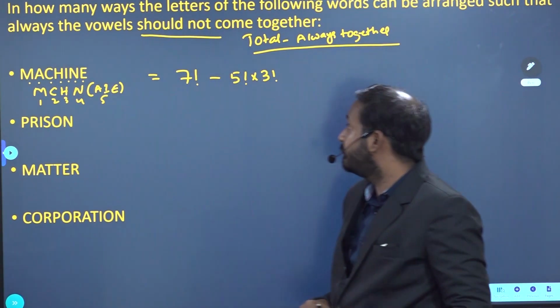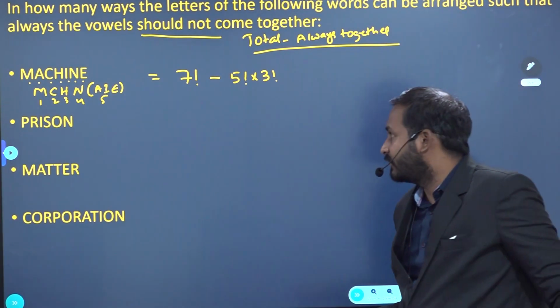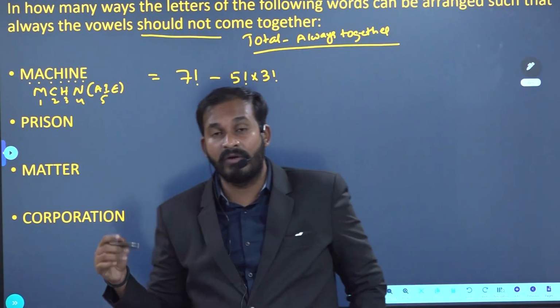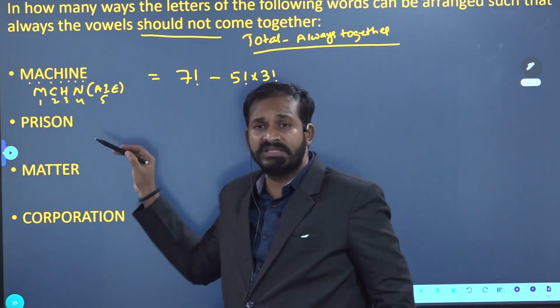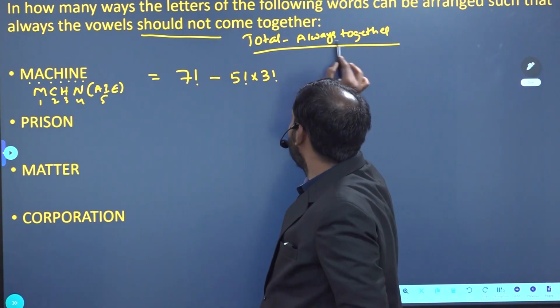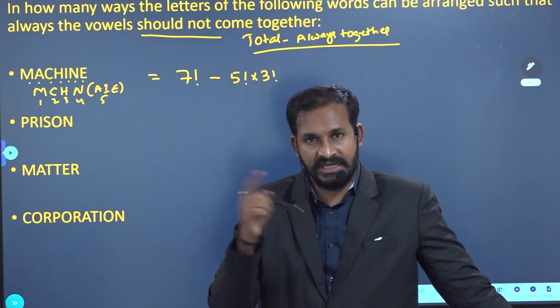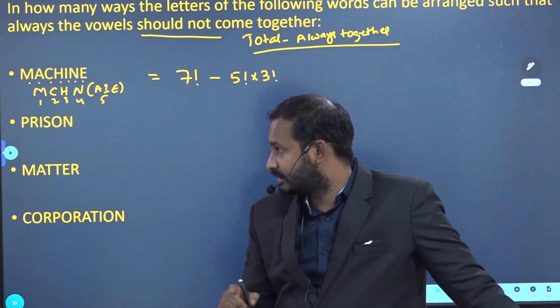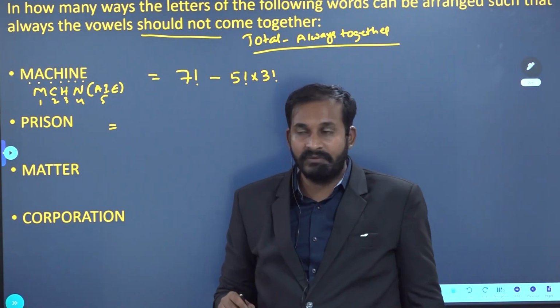So my answer will become 7 factorial minus 5 factorial into 3 factorial. Understood, students? This is the case of vowels should not come together. So total minus always come together. This is negation. So similarly, prison, what will happen for prison, students?